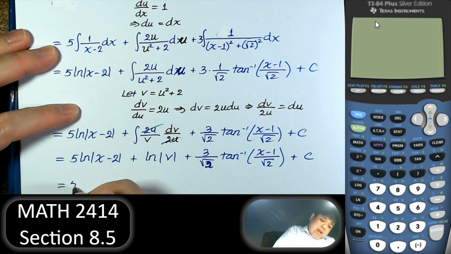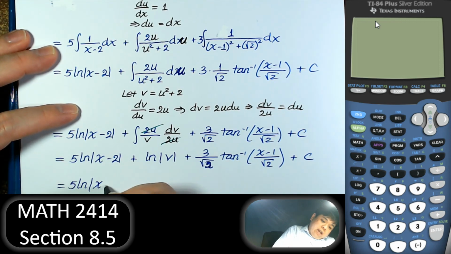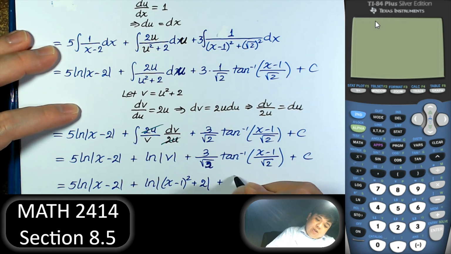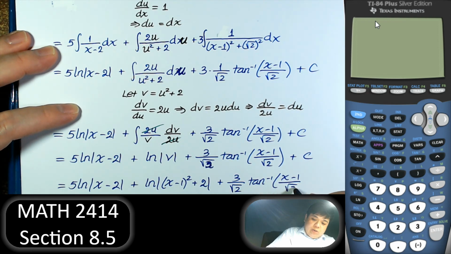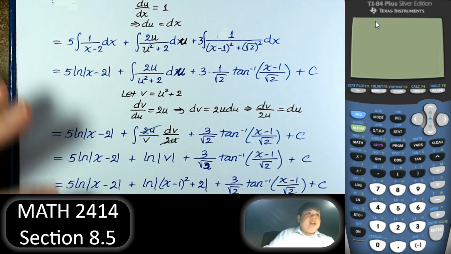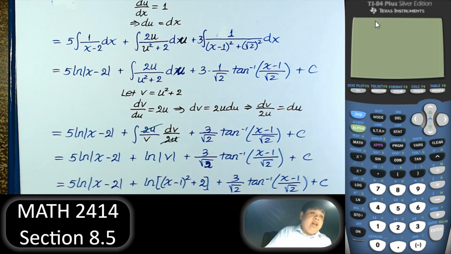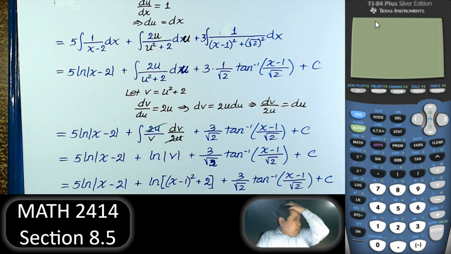So substitute it back in, we have 5 ln of x minus 2, plus ln of x minus 1 squared plus 2, plus 3 over square root of 2 tangent inverse of x minus 1 over square root of 2 plus c. Now the nice thing about this is x minus 1 squared plus 2 is always positive, so we just use the bracket instead of absolute values.